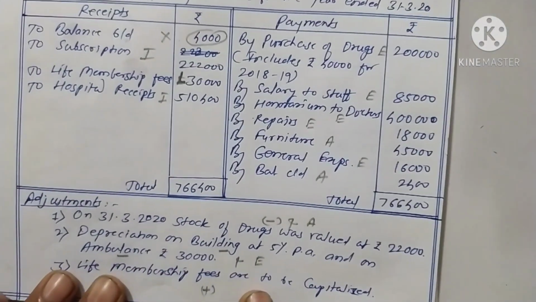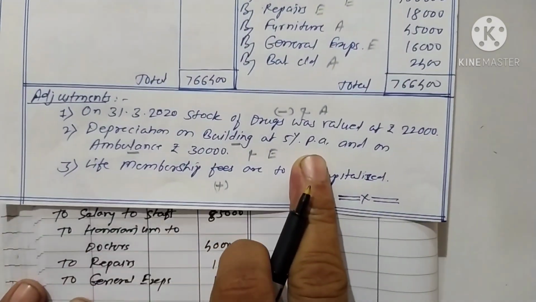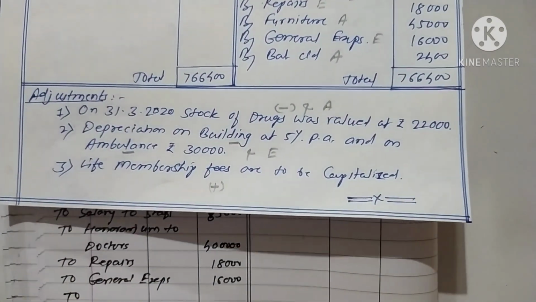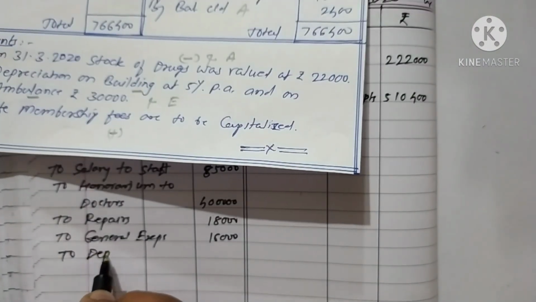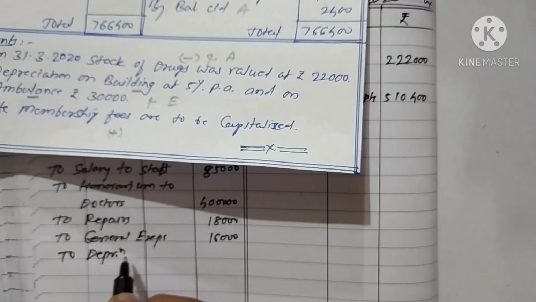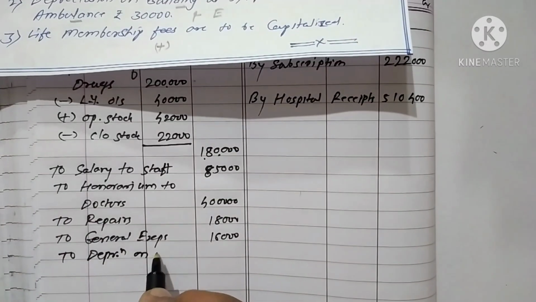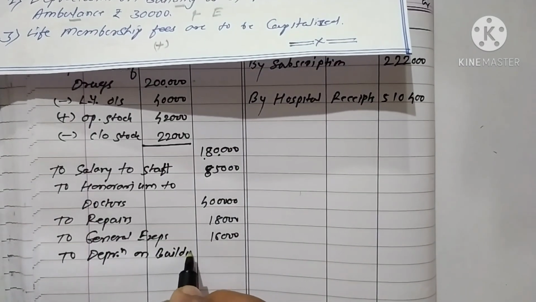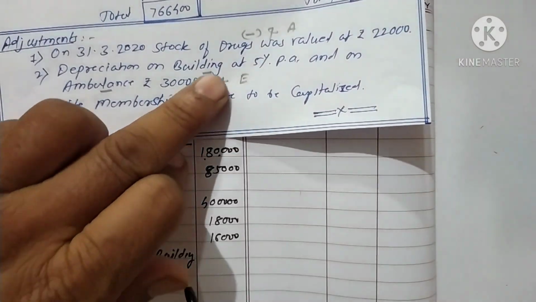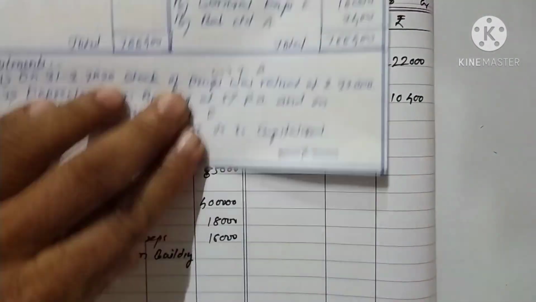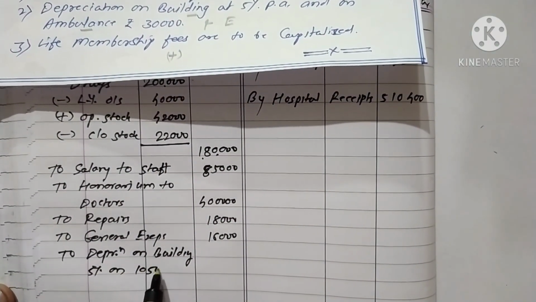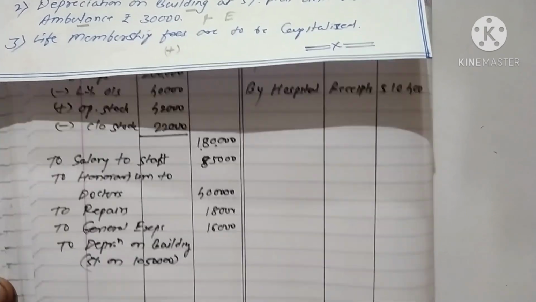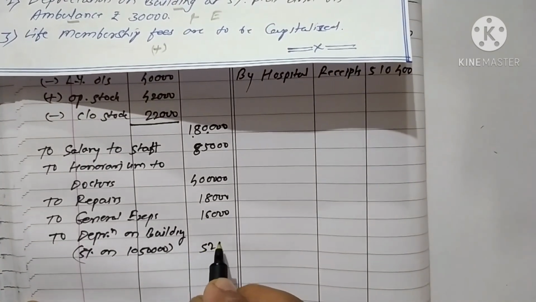Okay, now we have to write depreciation on building. To depreciation on building, it's 5% on rupees 10,50,000, which comes to 52,500.